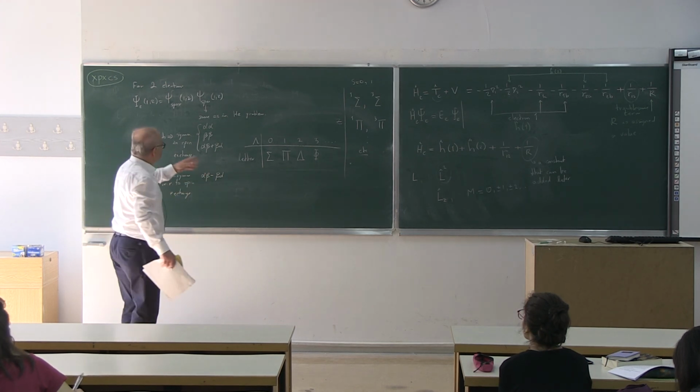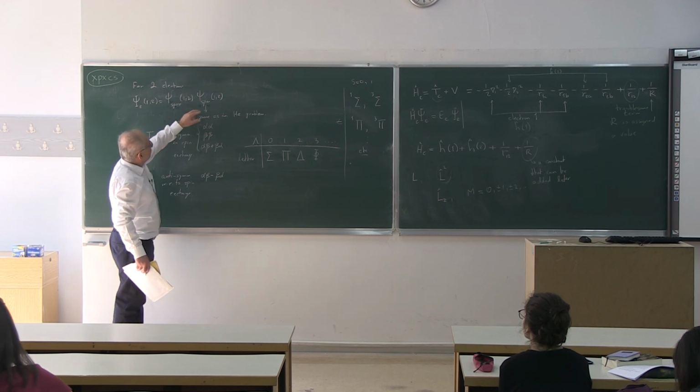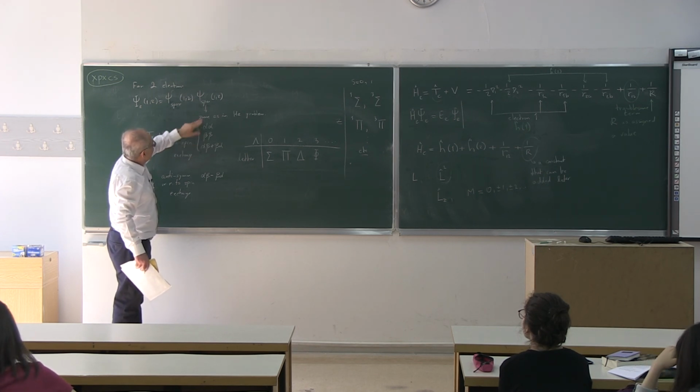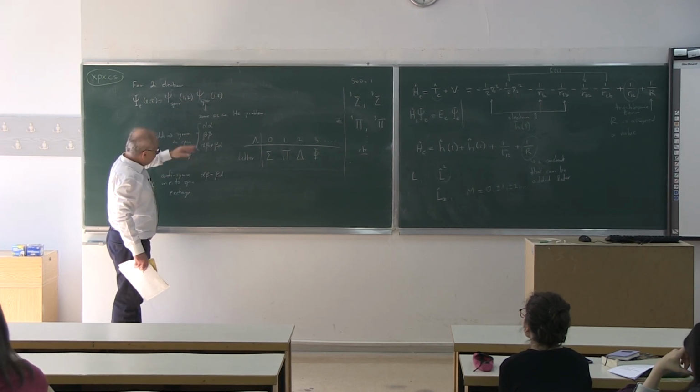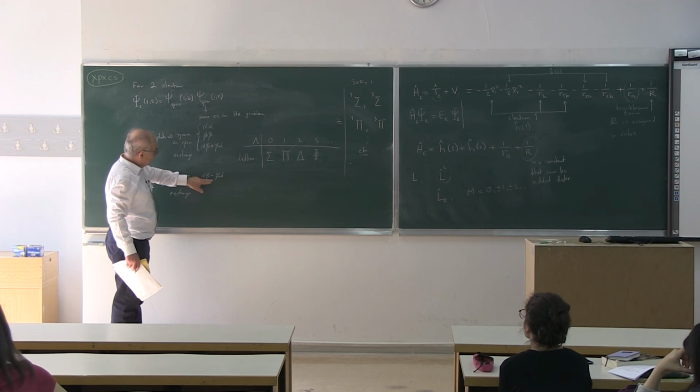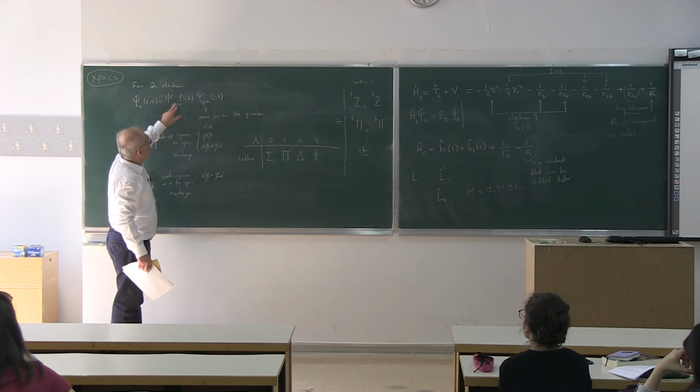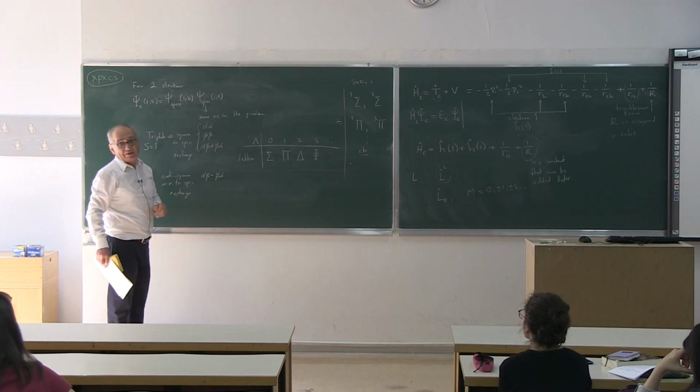To do that, these are the possibilities. If the spin part is a triplet spin function, the space part must be antisymmetric. On the other hand, if the spin part is this term, which is antisymmetric with respect to spin exchange, in that case the space part has to be symmetric.